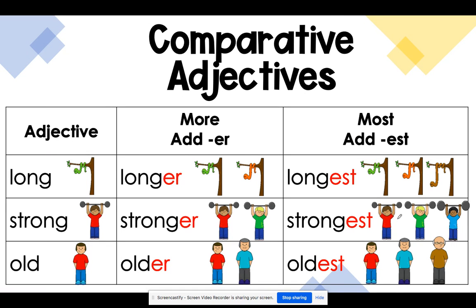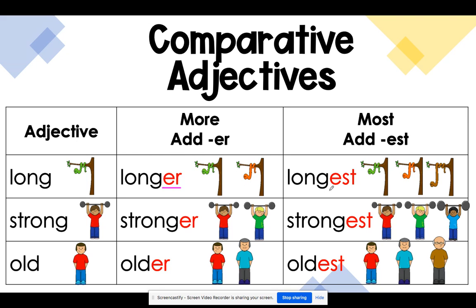Let's take a look at some other comparative adjectives. Let's take a look at the first one. The first example I have is the adjective long. However, if I want to take a look at two snakes that are here in the second picture, in order to show that the orange snake is more long, I would add ER to the end of long to make it longer and say that the orange snake is longer than the green snake.